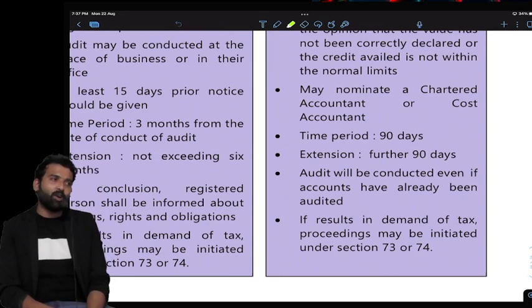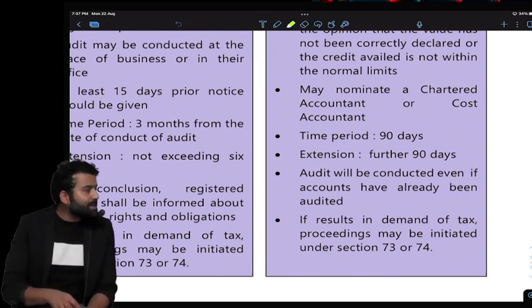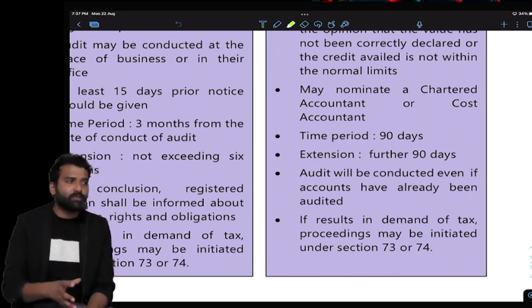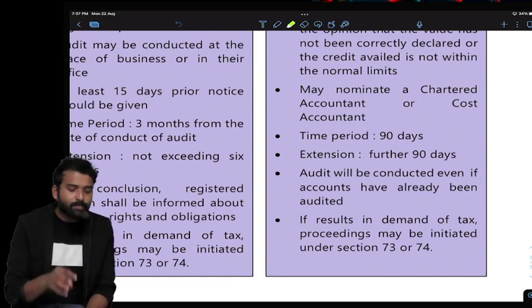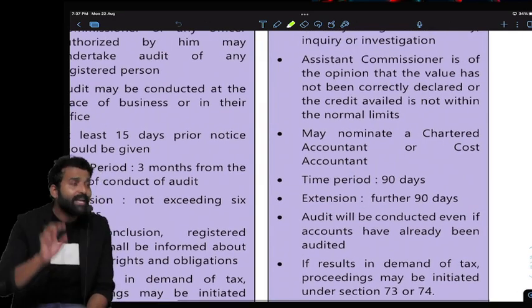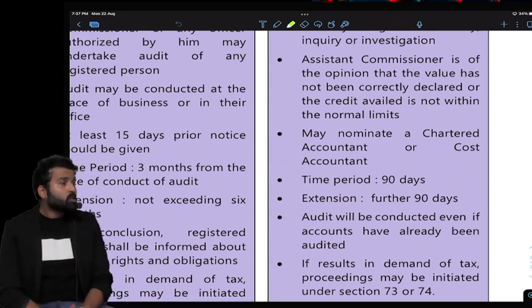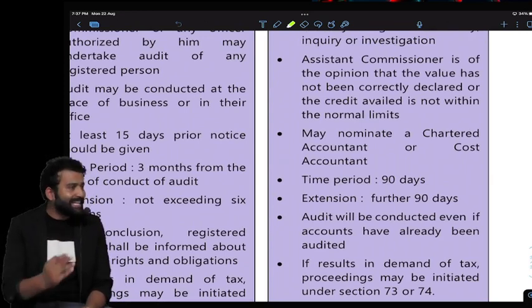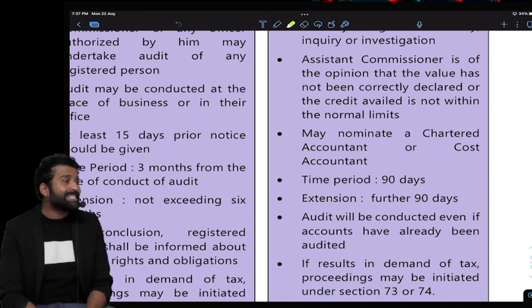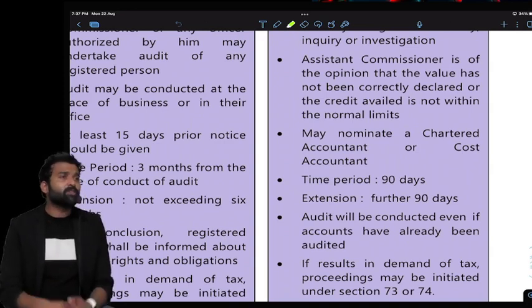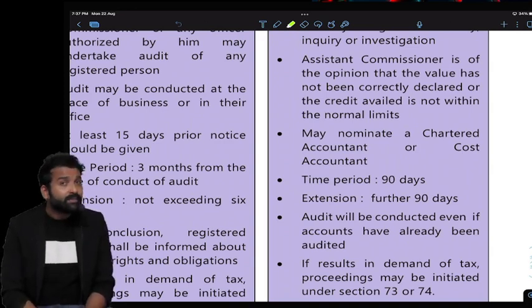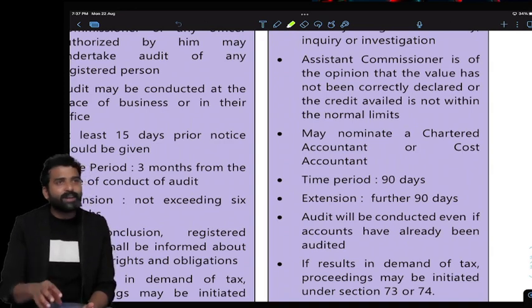Of course they can order a special audit, because the special audit is not for the complete set of books of accounts. The purpose of the special audit is to find out irregularities in the valuation and ITC provisions. So if I have any non-compliances in ITC, or in valuation, if my value is under-declared, then in that case the officer can order a special audit.